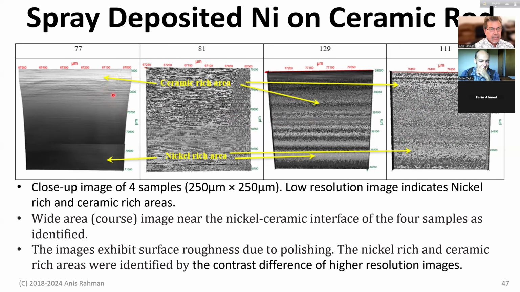So you can see that the ceramic rich area and nickel rich area was first identified. If you see a more crystalline-like structure, that would be the metal rich area. If you see a less crystalline, more amorphous structure, then that will be the ceramic rich area. And this is right at the interface.